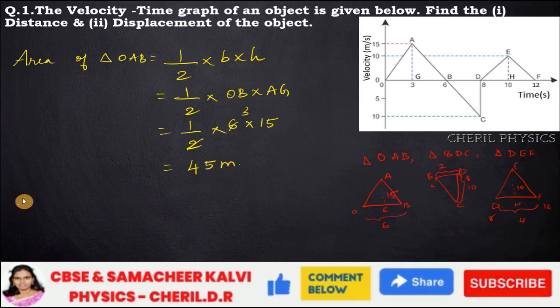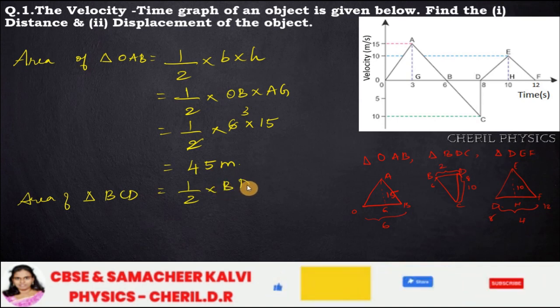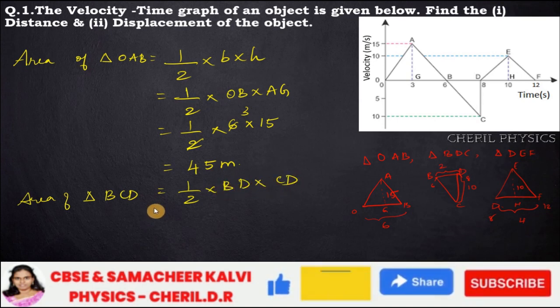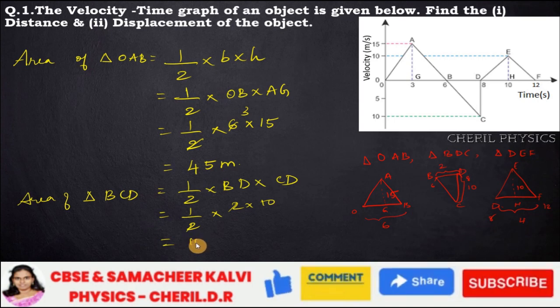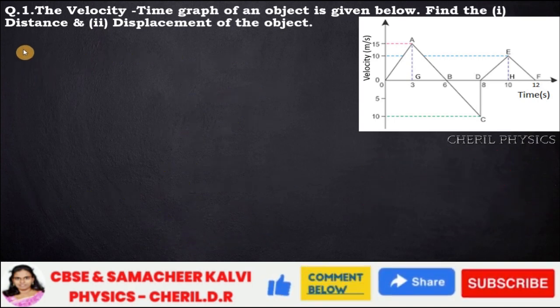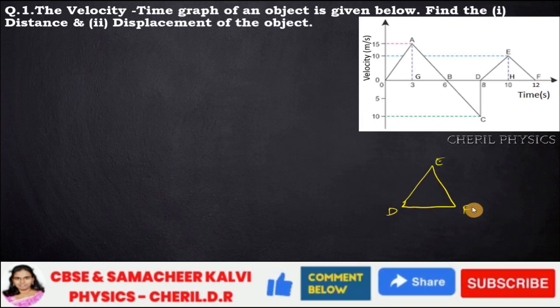Likewise, next you are going to find out the area of triangle BCD. It will be half into BD into CD. Half into BD, which is 2, into 10, so you will have 10 meter. Likewise, next we have to do triangle DEF. I'll just draw it here.